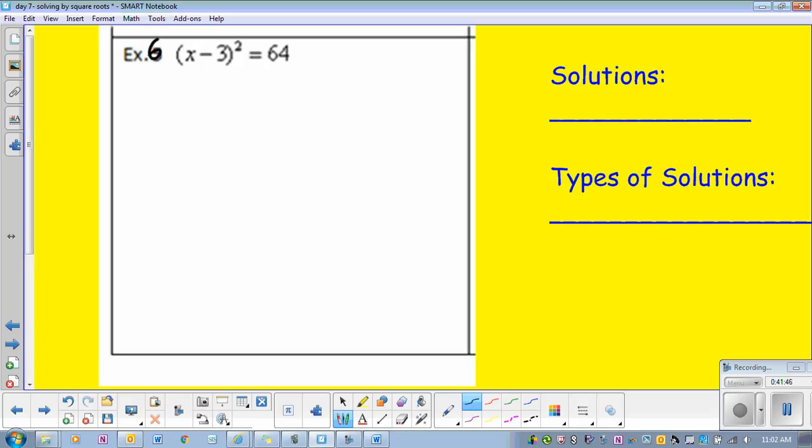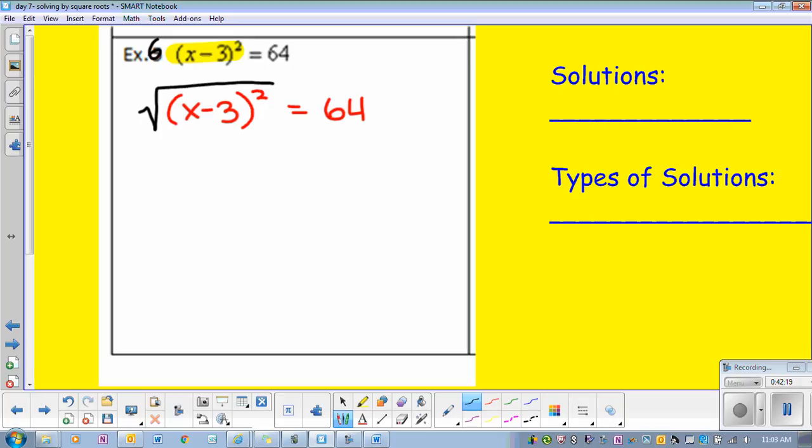Whenever you get something like parentheses squared, that is the squared term that you want to get all by itself. You can't go into the parentheses to solve for this x until you get rid of that square. So to get rid of the square on the outside, we're just going to square root that whole thing.